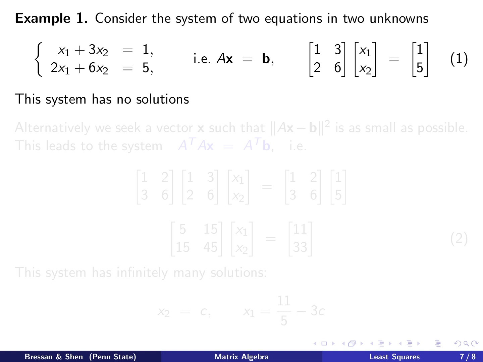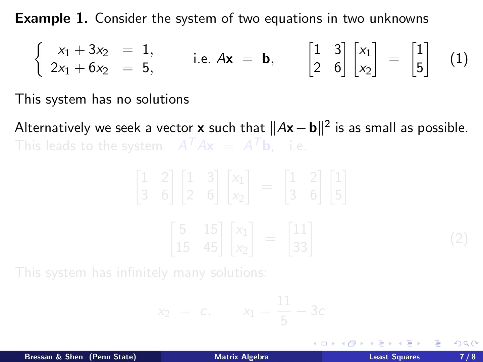It's easy to see that the system has no solutions, because if you multiply the first equation by 2, you will get 2x1 plus 6x2 equal 2, and then the second equation says that must be 5, so they're not consistent.